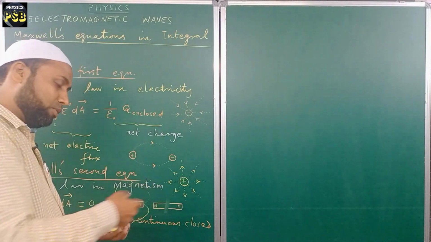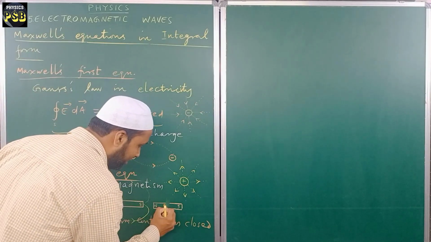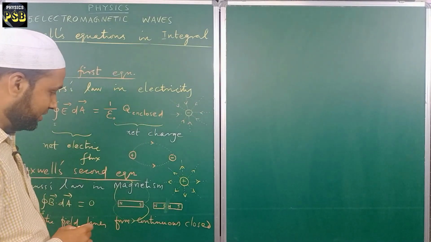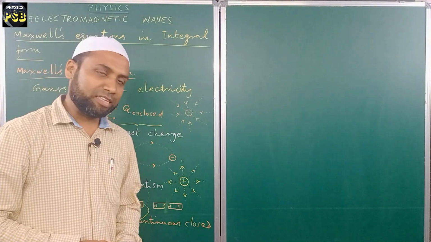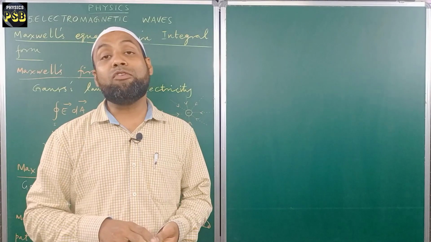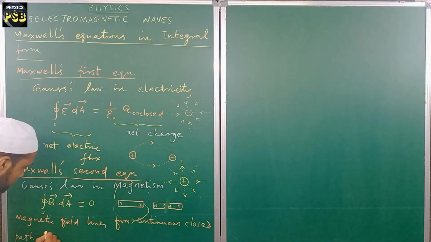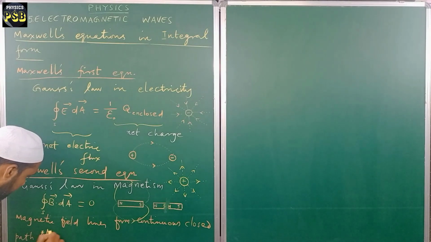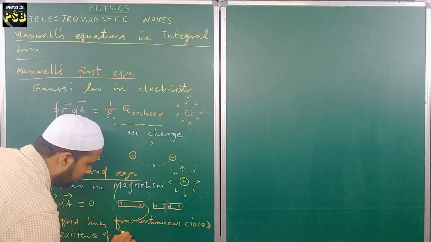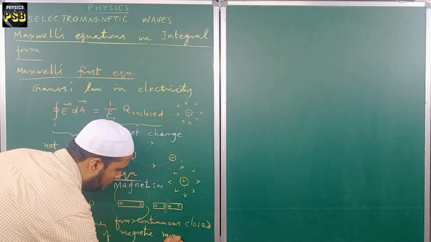Okay, on breaking, what will happen? It will turn into two magnets, each having a north and south pole. Or it will take a new form. Understand? So this equation clearly shows that there is no existence of a monopole in a magnet.